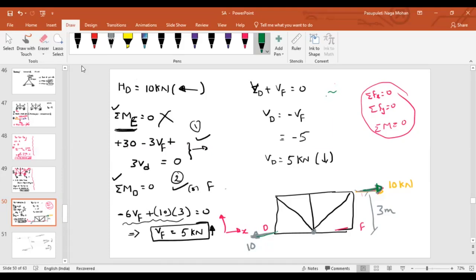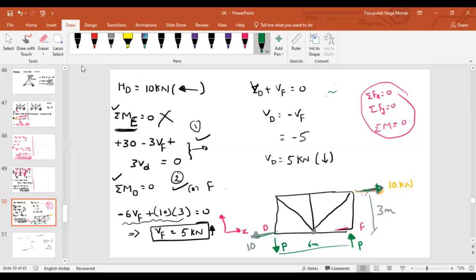So, if I represent a force here, let us say unknown force P in the downward direction, and a force here in the upward direction, then these two are separated by a distance of 6 meters. Now you can understand the unbalanced movement generated by the 10 kilonewton force is balanced by the support vertical reaction.